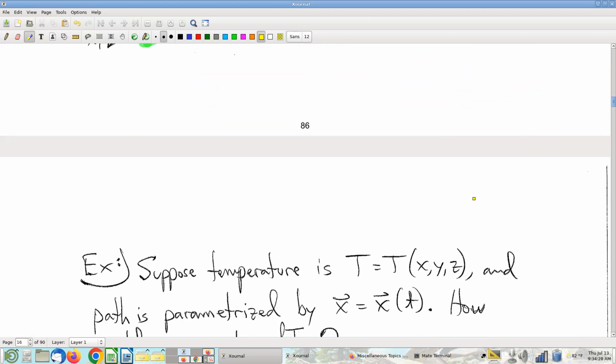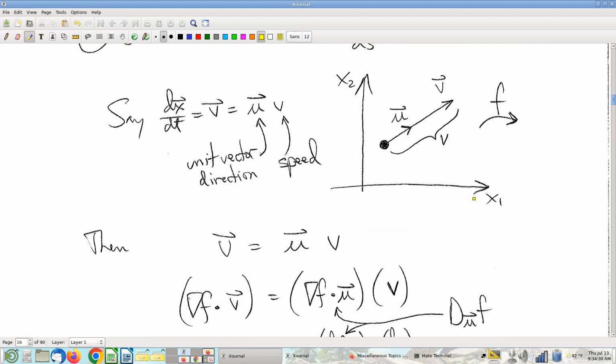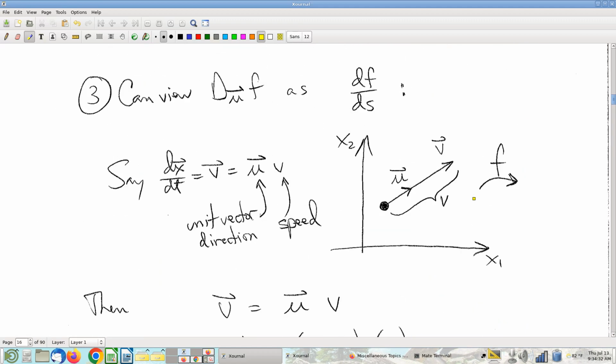All right. So, by the way, sometimes some question is going to ask you, I've got some function and there's a story about where I am and how I'm moving, and the punchline of the question is, what's the rate of change of the function with respect to distance? And if that happens, directional derivative is exactly what you want.